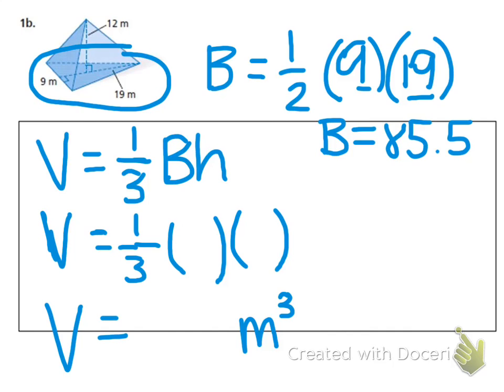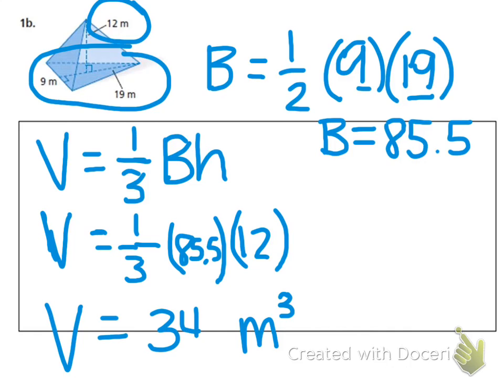That is correct. So now I can put in my base, 85.5, and then the last number is my height, 12. So now we're multiplying 85.5 times 12 divided by 3. Jack? 342. That is correct. Meters cubed. Don't forget the cubed. We're dealing with volume.